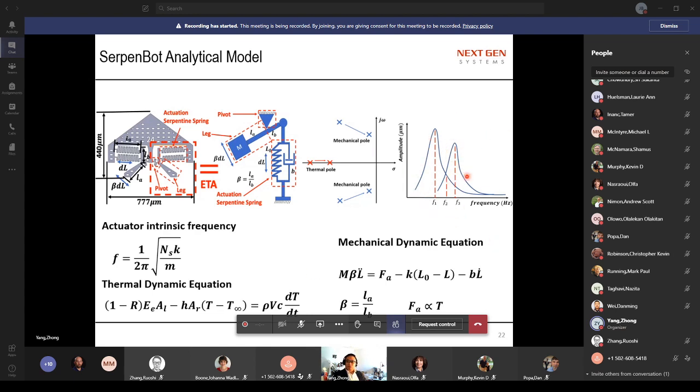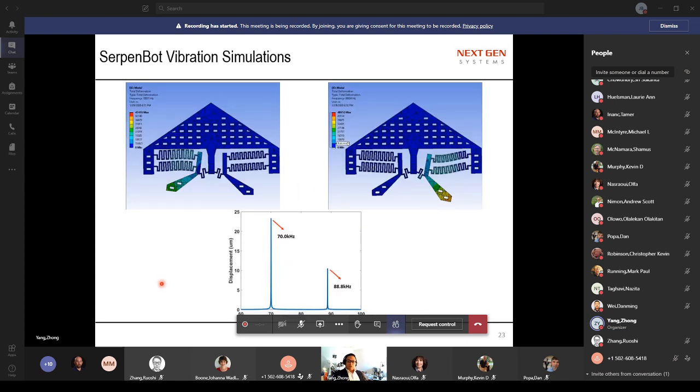If we have two system functions with different frequencies, we can use this concept to control the microrobot, with forward moving at F2 and some turning behavior at F1 or F3. Here I'm showing some vibration simulations I did through FEA. You can see how this microrobot actually moves. If the springs have some vibration or displacement, it will finally be reflected onto the leg.